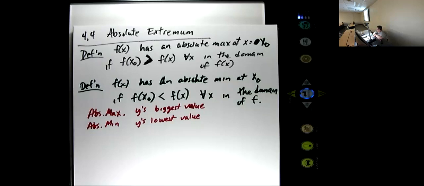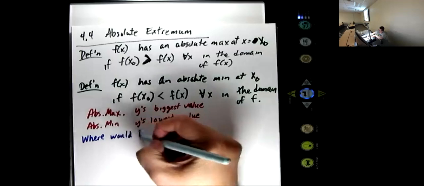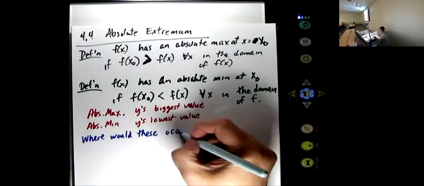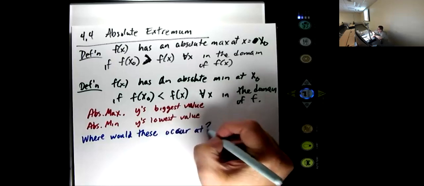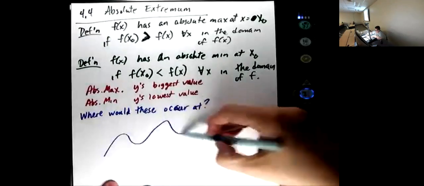So where would these occur? Where could they occur? We've got some wavy function like this.